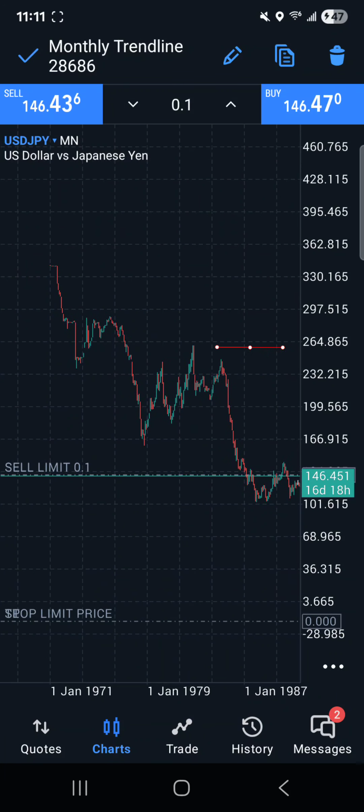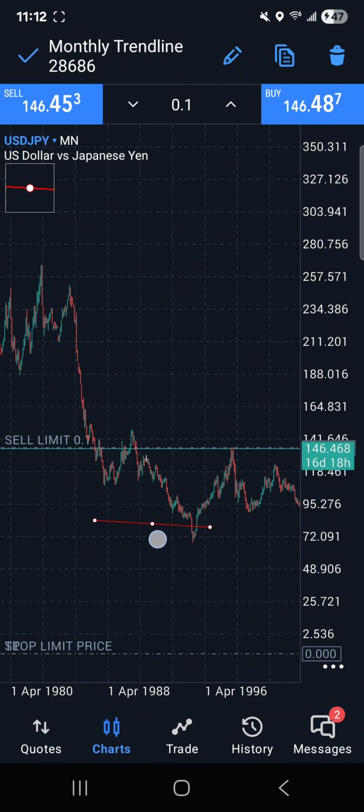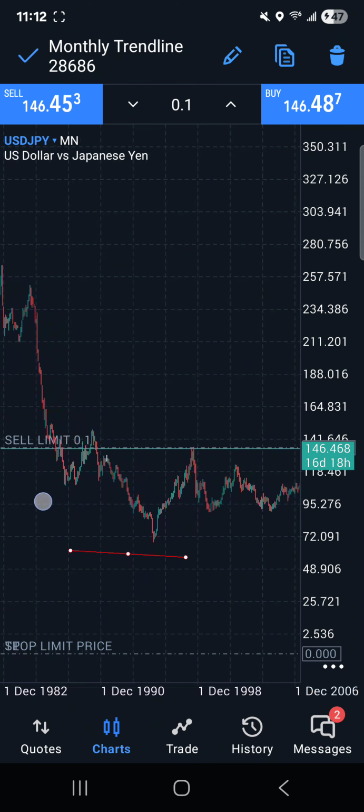This is the monthly time frame on USDJPY, and I can see from months back we've been bearish: lower high, lower low, lower high, lower low, and so on.